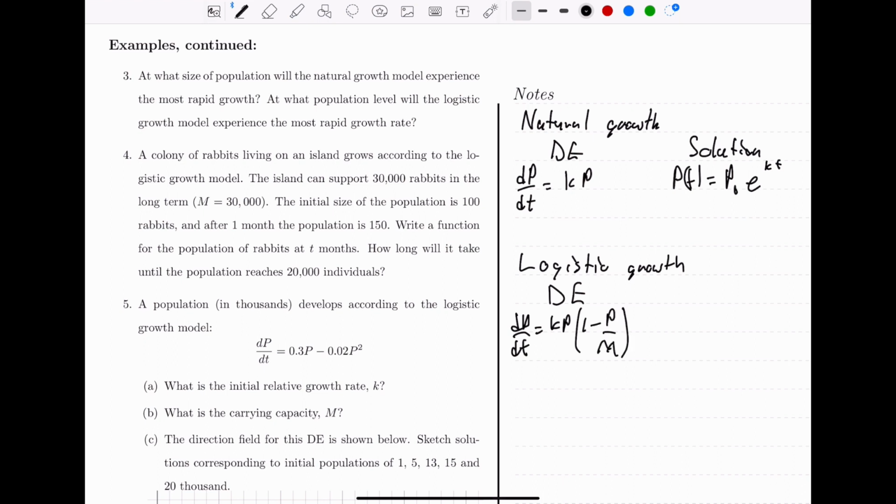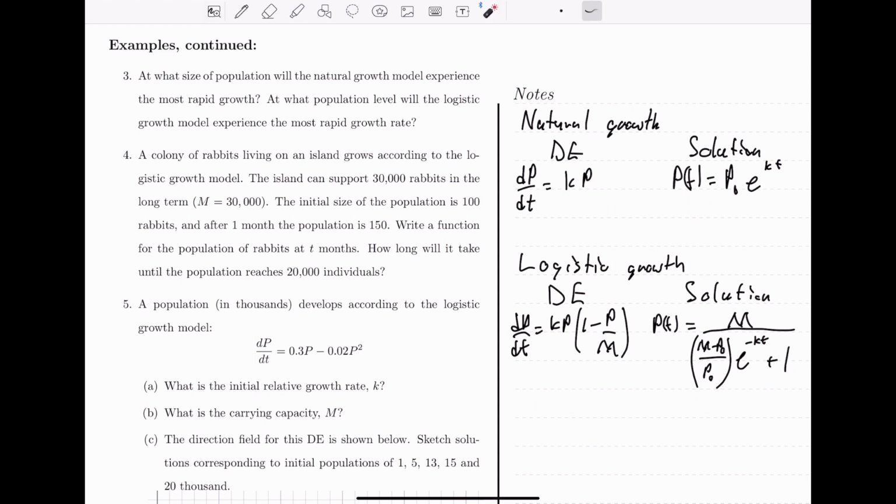And after a rather lengthy process, we found that the solution for the population function for logistic growth is population at any time t equals the carrying capacity M divided by ((M minus initial population) divided by initial population) times e to the negative kt, plus 1. Once again, k here is dependent on the population that we're studying. M is the carrying capacity for the logistic growth model, and this was what we found in the last video.